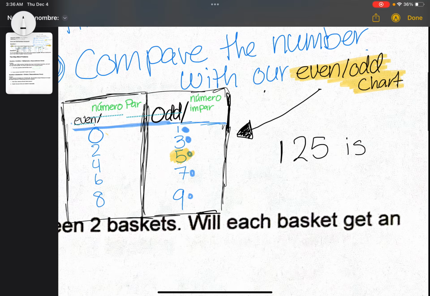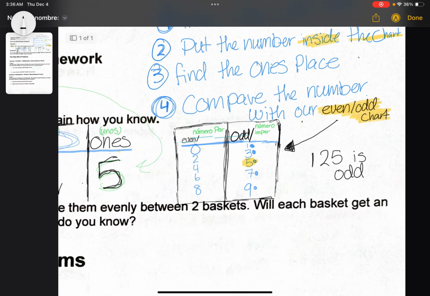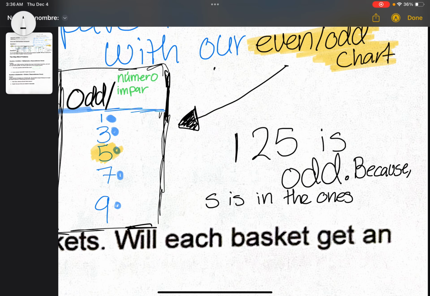Now, the question's also asking us to explain. Don't forget that part. And you're going to explain by saying, because 5 is in the ones place.